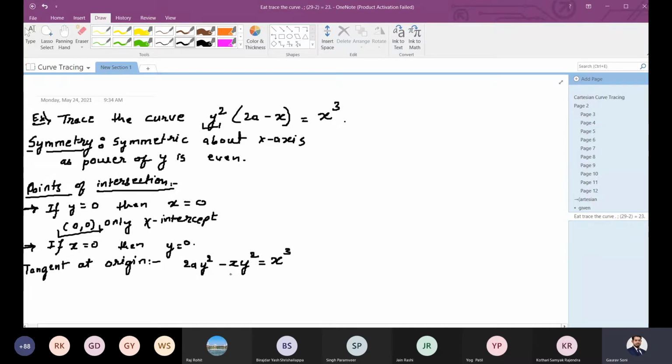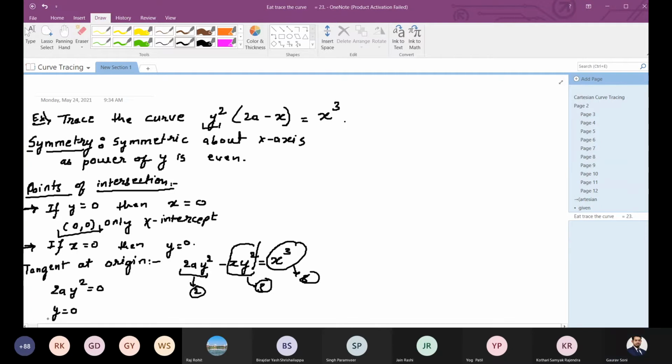You can see that this term has power 3, this term has power 3, and this term has power 2. So the group of lowest degree terms is 2ay square. I equate 2ay square equal to 0, which means y equal to 0. This is the tangent at origin. Y square equal to 0 actually means y equal to 0, comma y equal to 0.